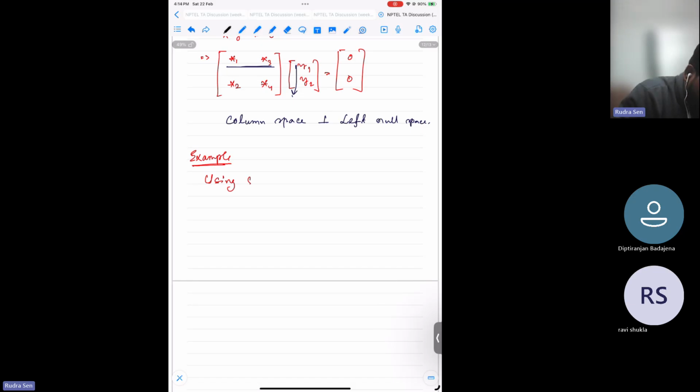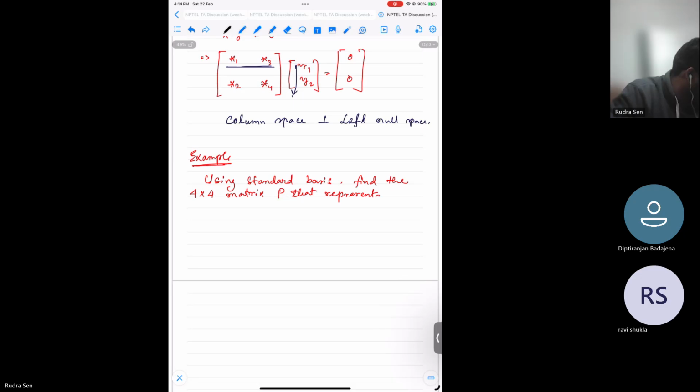What it says: using the standard basis, find the 4 by 4 matrix P that represents a cyclic permutation T from x equals x1, x2, x3, x4 to T of x equals x4, x1, x2, x3.